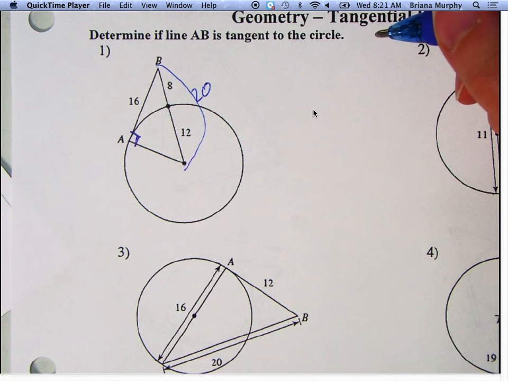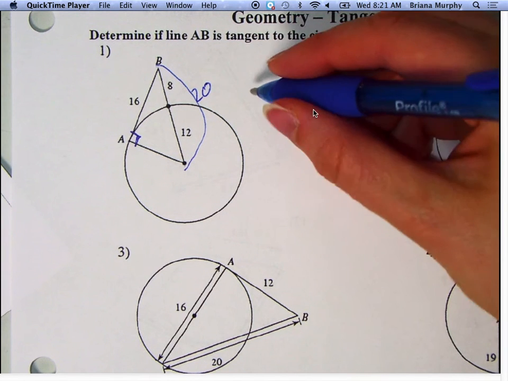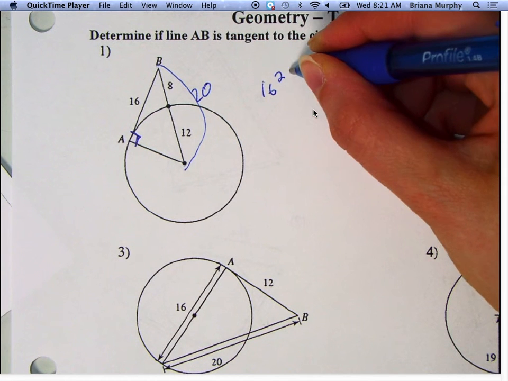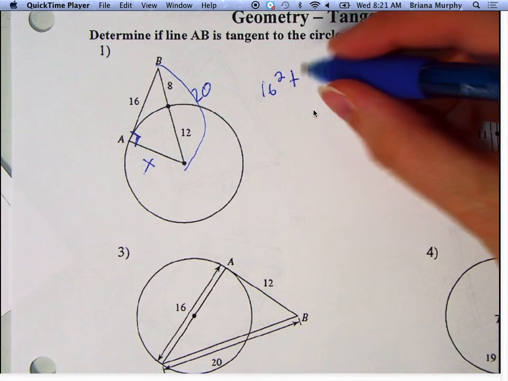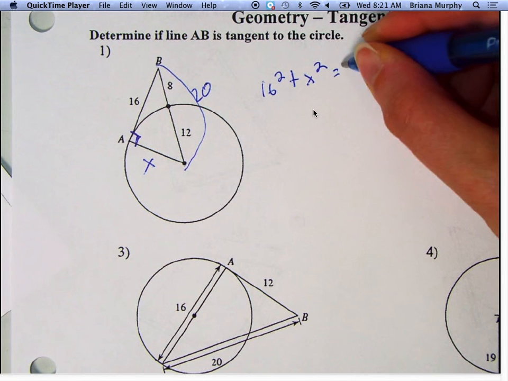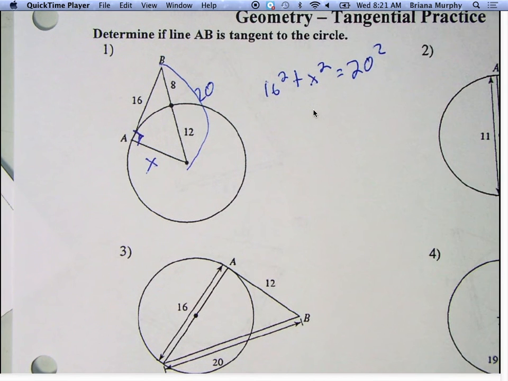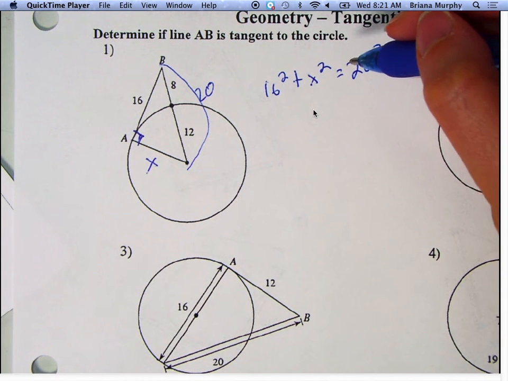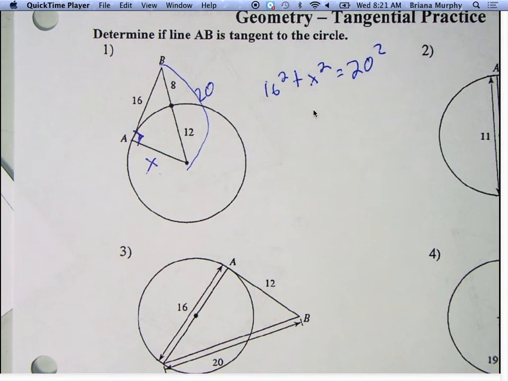Okay? So if I want to know if this is tangent, because I'm determining if it's tangent, I'm going to say 16 squared plus x squared equals 20 squared, right? Because it'd be a right triangle. Now what would x be right here? I want it to equal the radius. What is the radius? 12.